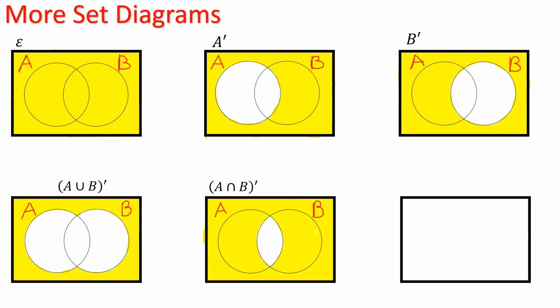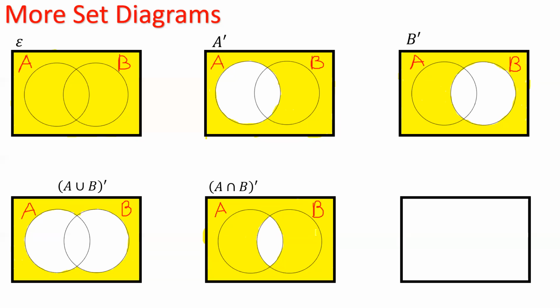All right, good. Dion, how do we get the A intersect B complement? We get that by just shading everything around, everything besides the middle. Very good. Everything besides the middle.